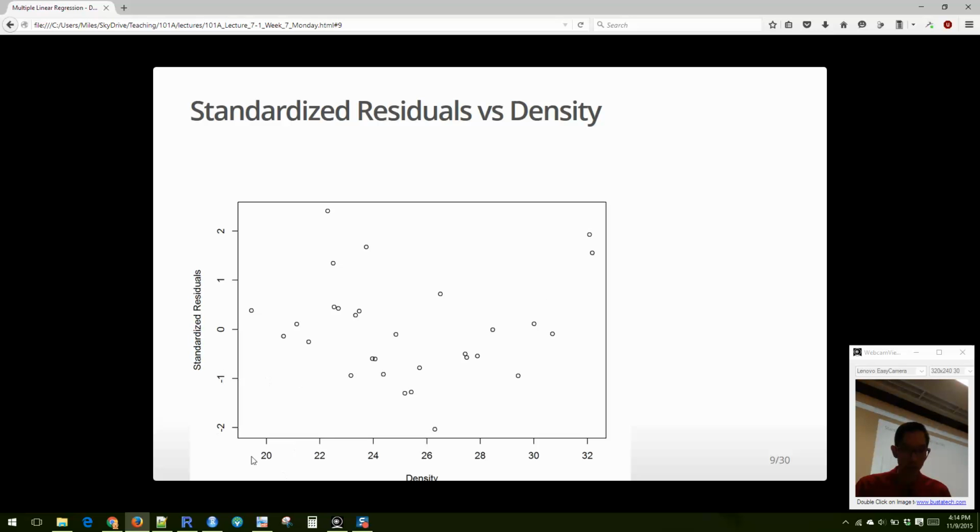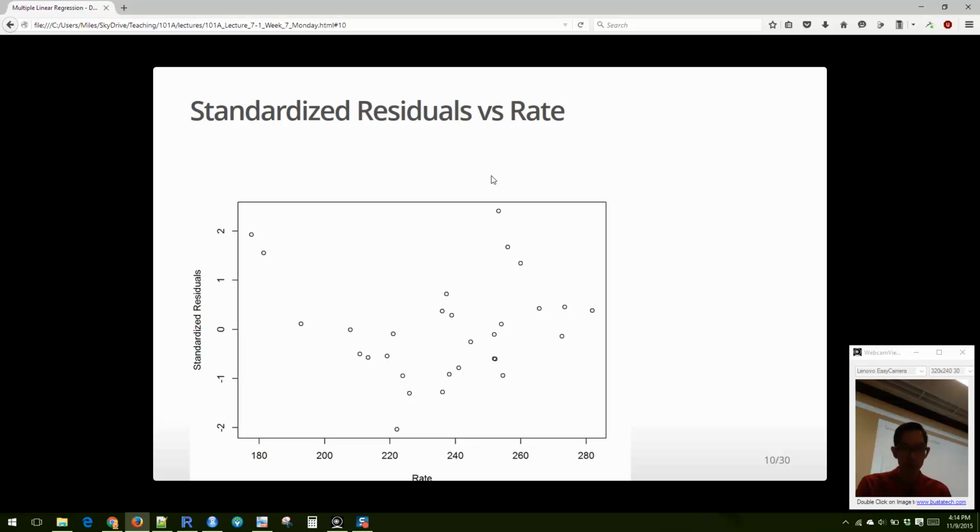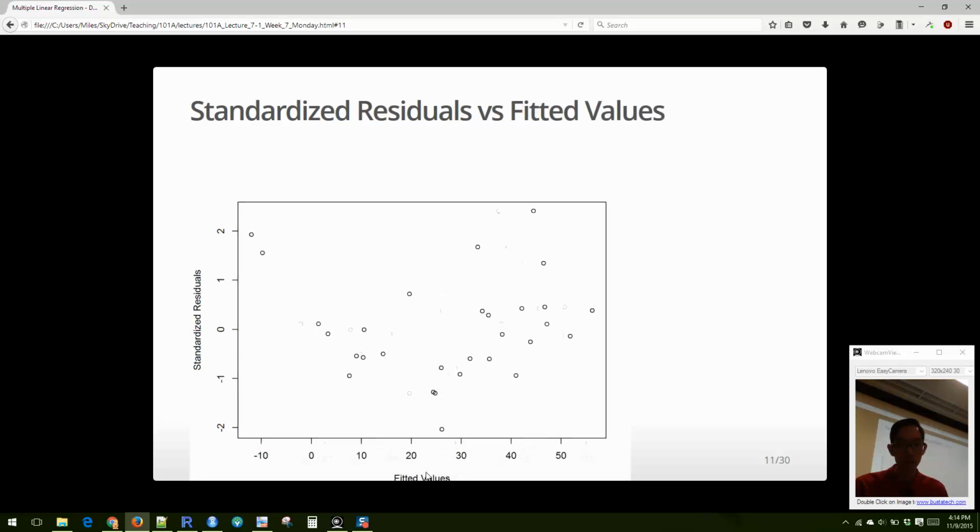We've got a lot of empty space over here and over here, and kind of emptiness up top. So there might be a pattern here, and it might be worth exploring transforming our data. Again, emptiness in these corners is common across all three of our standardized residual plots, looking at the different x variables.